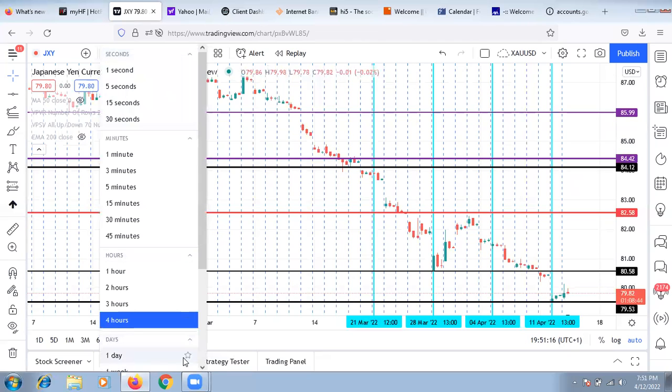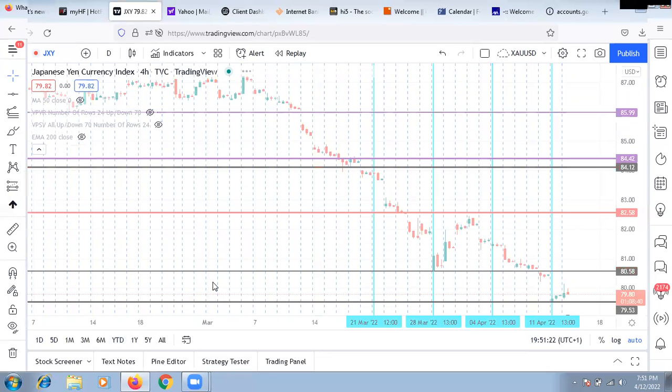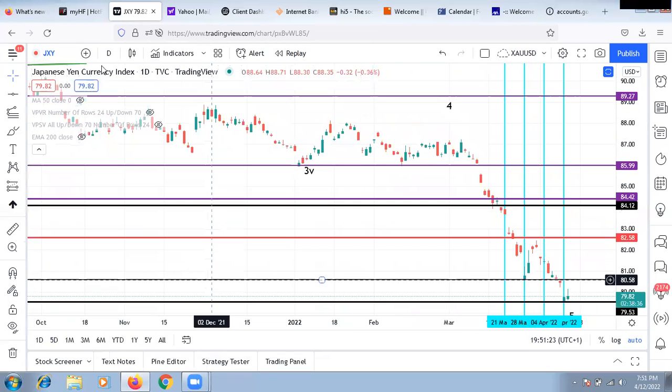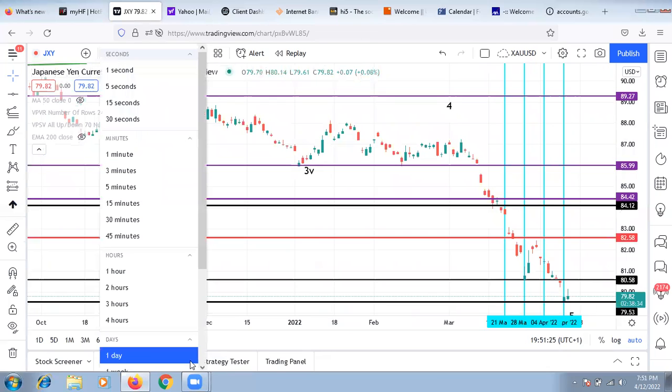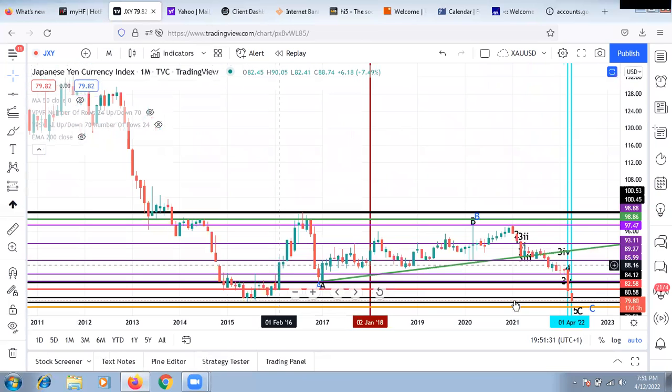So let me go back to the daily for you to see. So we have to judge now with the higher time frame. This is where I expect the move.